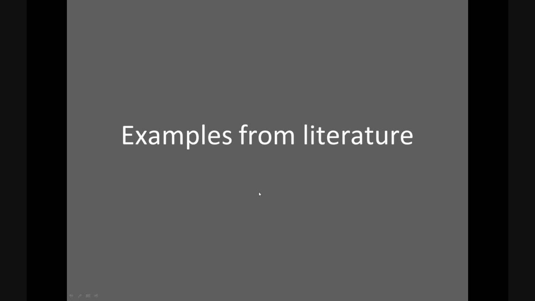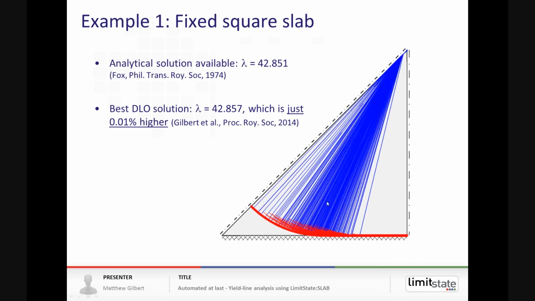So if we have a quick look at some of the examples in the literature, this first one here is basically a fixed square slab problem, and we're modeling just 1/8 of it. It's got fixed supports. The solution we can see is 42.851, and that's from a 1974 paper by Fox.